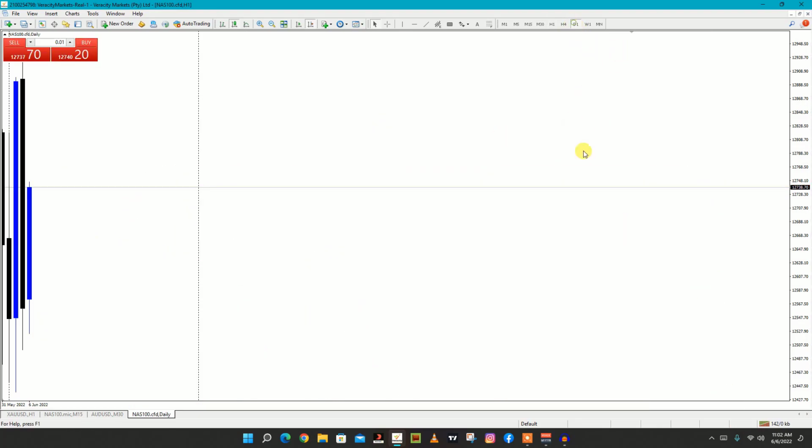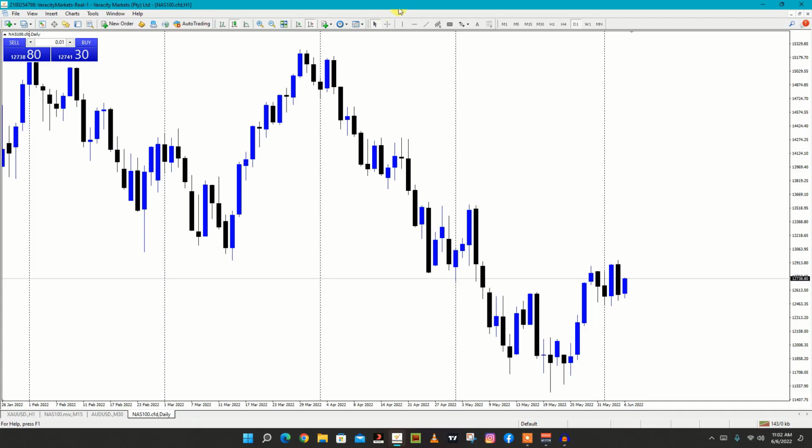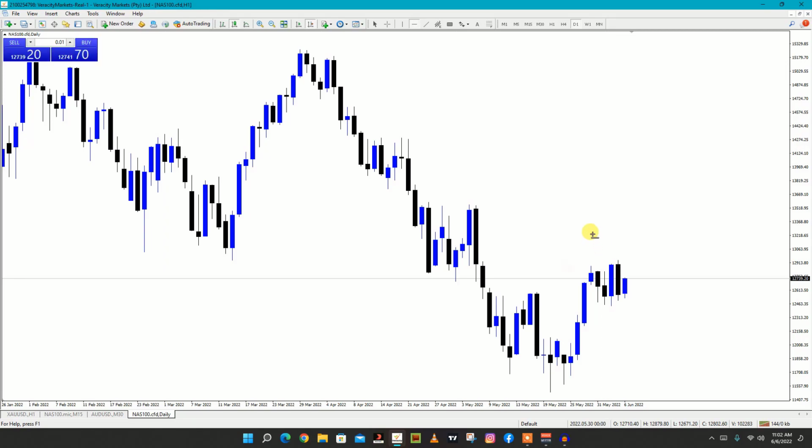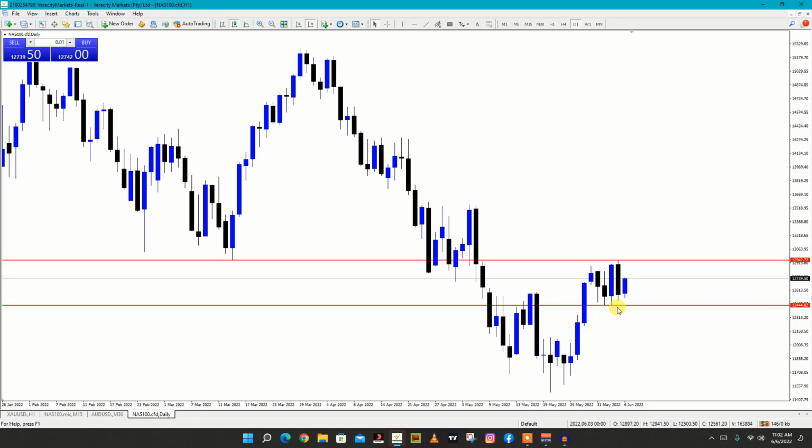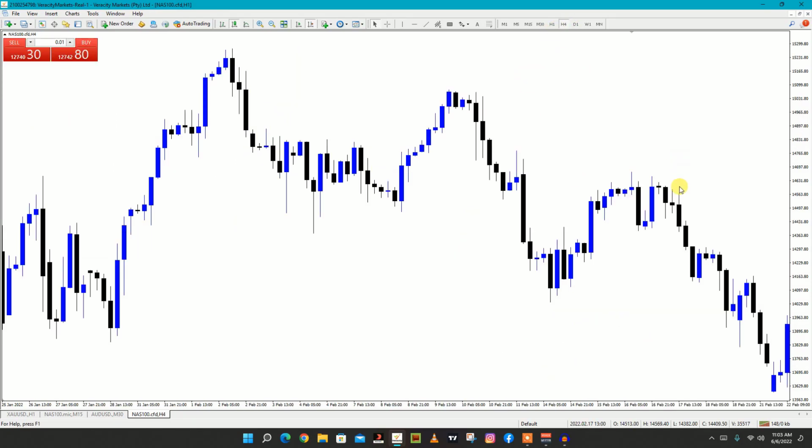If you were trading Nasdaq for the first time, my people, you would find your chart, maybe looking like this if you've customized your charts like I did. You first check your current high and low zone from the daily. Then you move back to your H4.